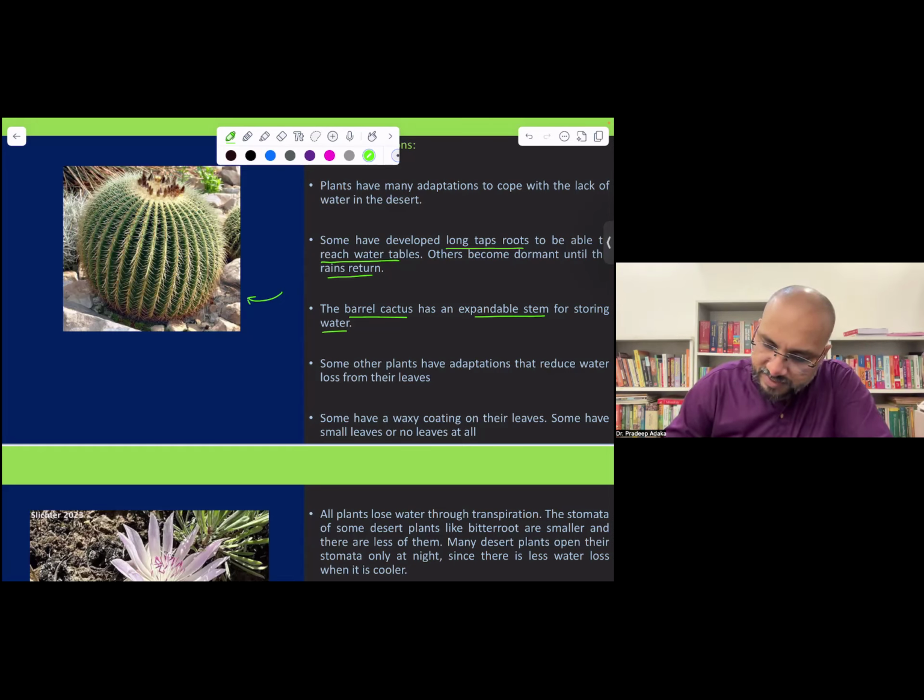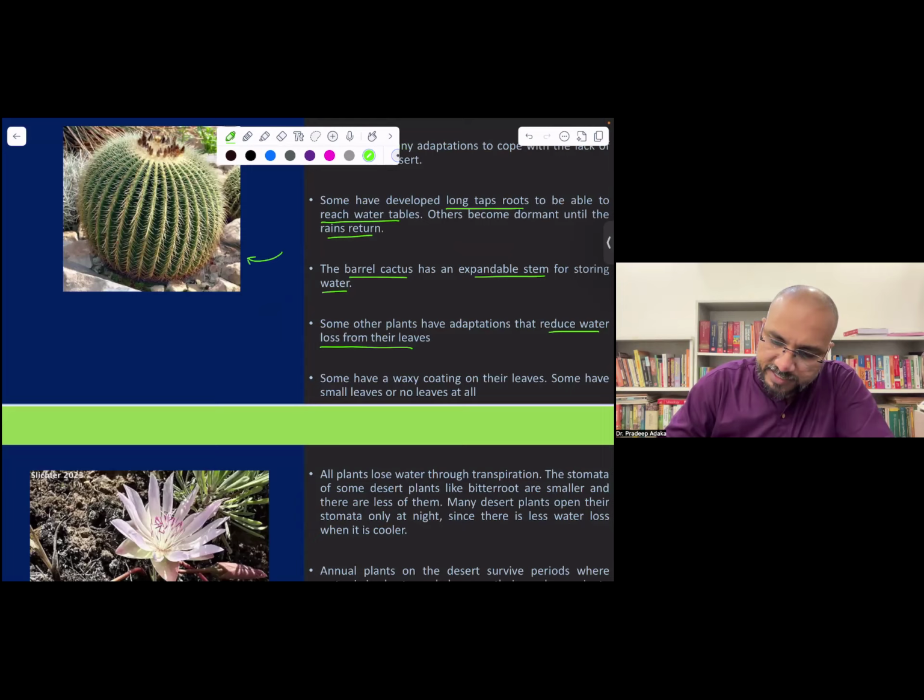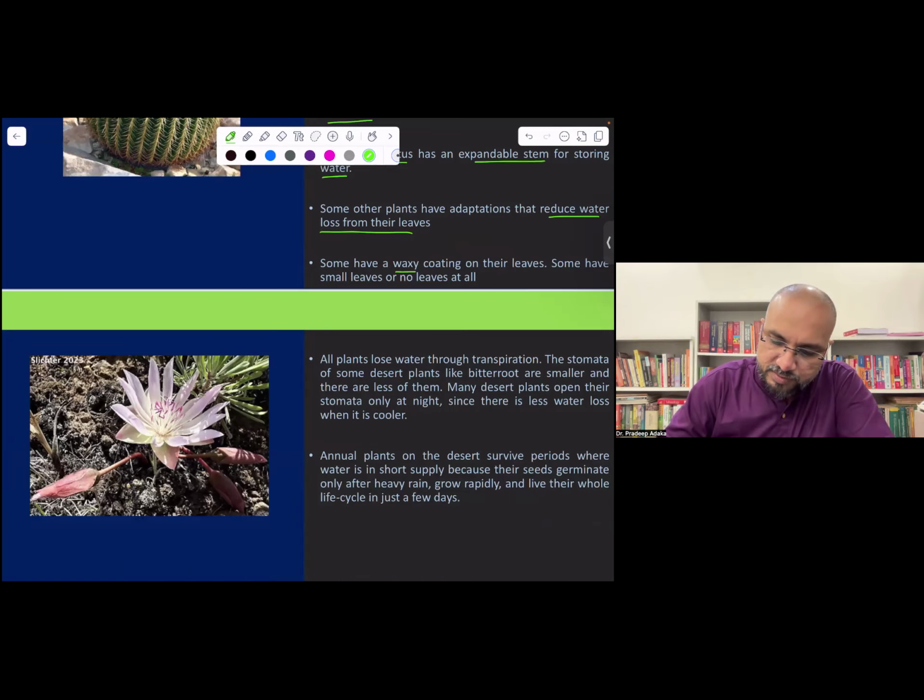Some other plants have adaptations to reduce the loss of water from the leaves, that is, to reduce transpiration. Whatever moisture is there, they have to conserve it because there is no rain. The availability of moisture is the main limiting factor, so whatever moisture they can absorb, they will store. Some have a waxy coating on their leaves. Some have small leaves or no leaves at all.